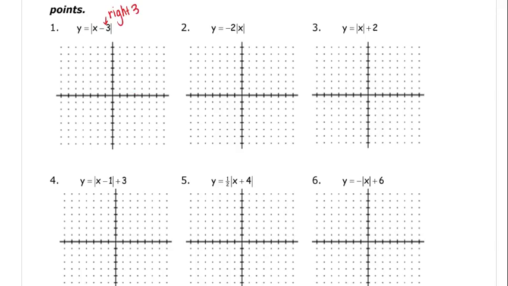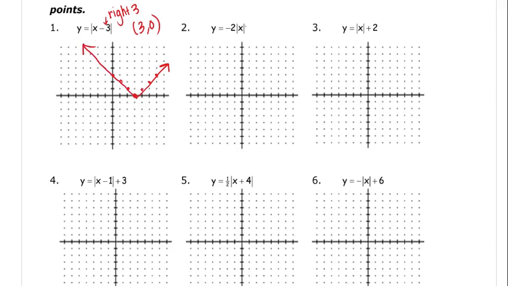So from the origin, our new vertex is going to be 3, 0. There's nothing added or subtracted at the end, so no up and down. There's no new slope out front, so that's your typical up 1, 1 right, and then up 1, 1 left. Then you connect all the way through the coordinate plane, and you're good to go.